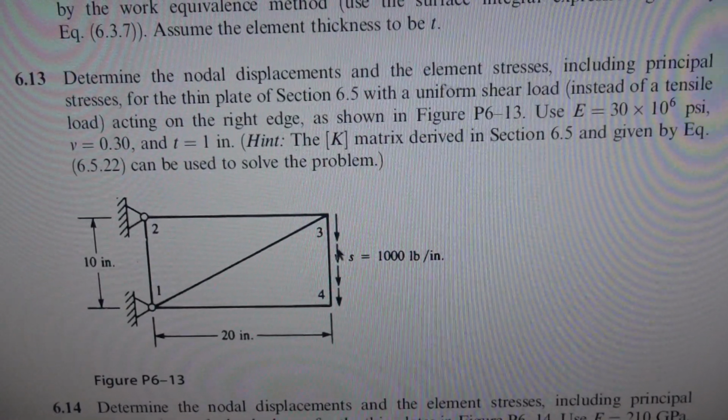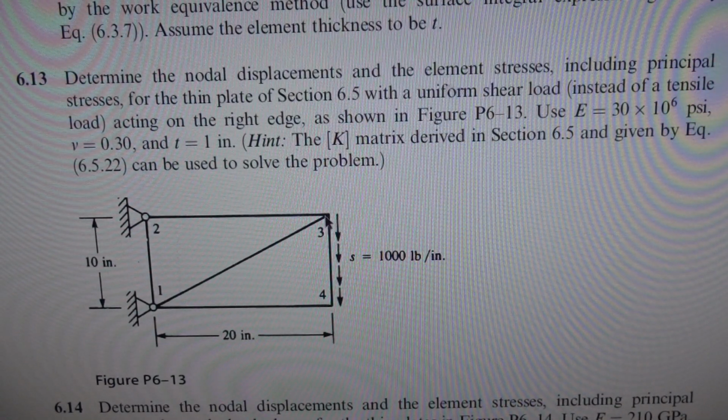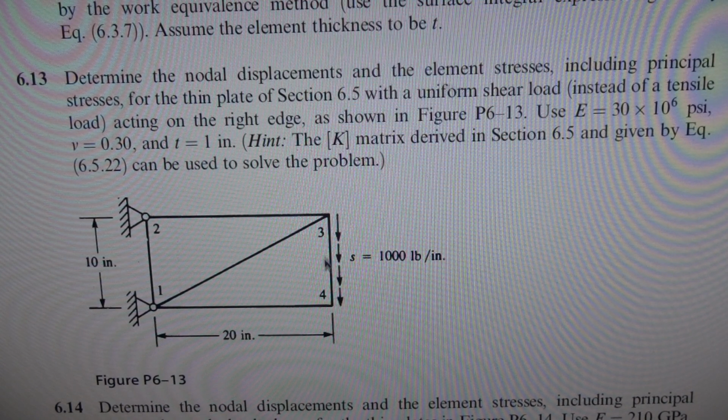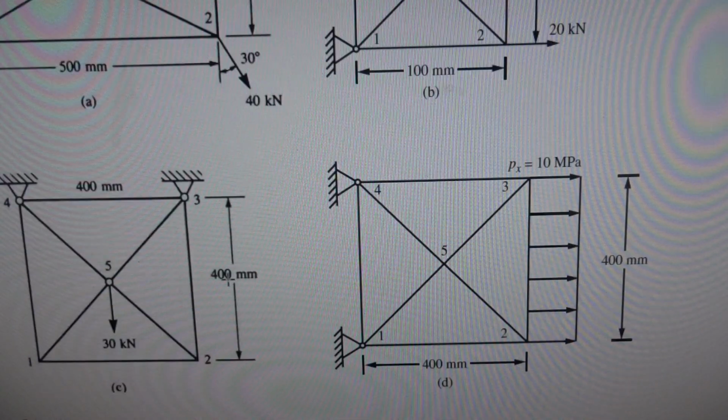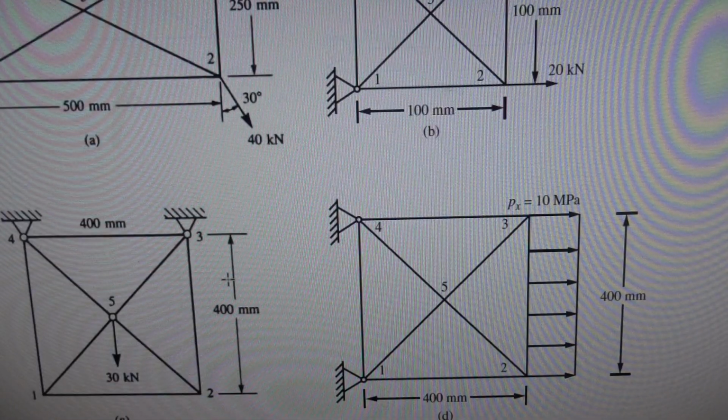You only have to change the force matrix here. This will be changed, and you should try to get the answers and submit the solutions of these questions, and see what the difference is and why the difference occurs in the displacement and stresses. So compare the results.